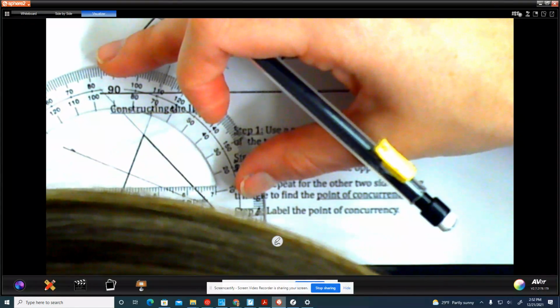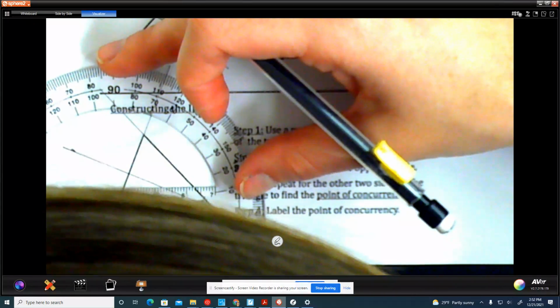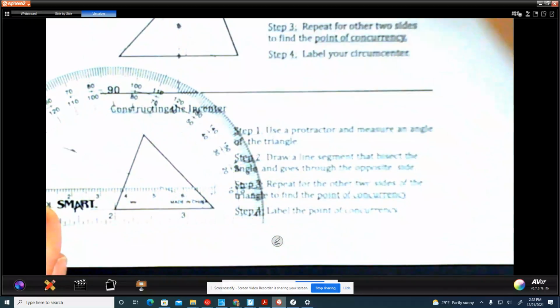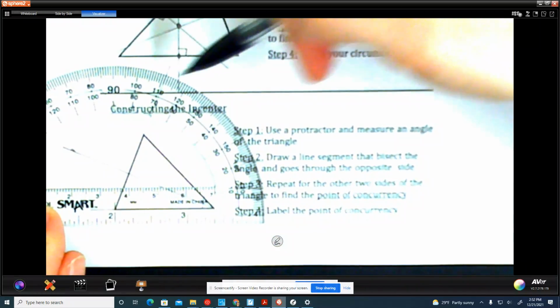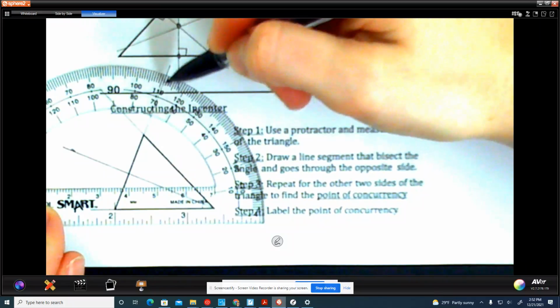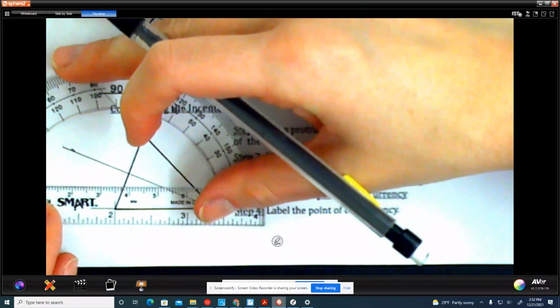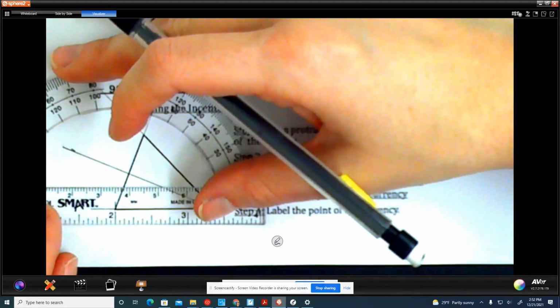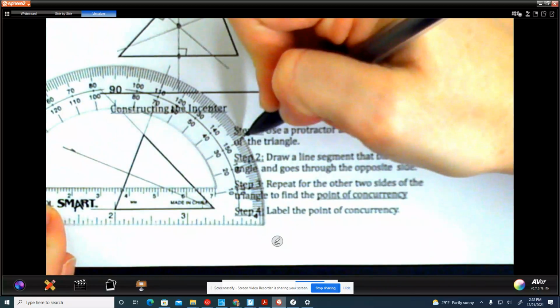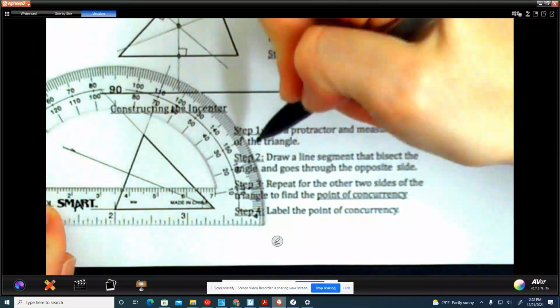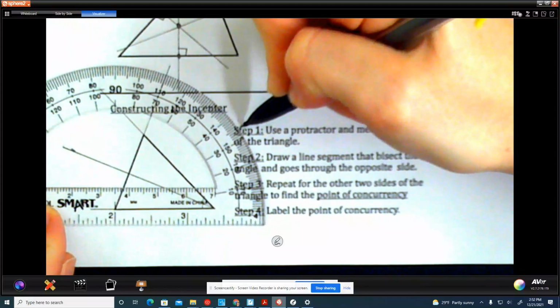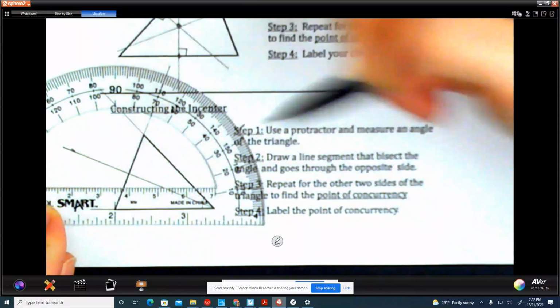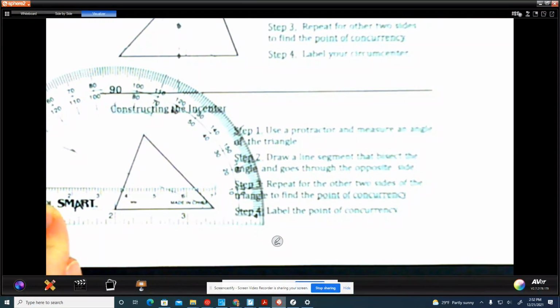Looks to me like it's 69-ish, maybe not quite 70. Half of 70. And remember, I use these inside numbers because this is an acute angle. Is 35. Now, I did say it was like 69, so maybe just a little less than 35. 35 would be right in between 30 and 40.